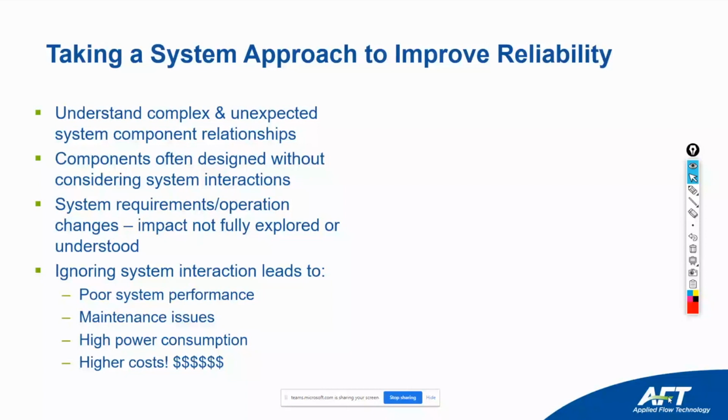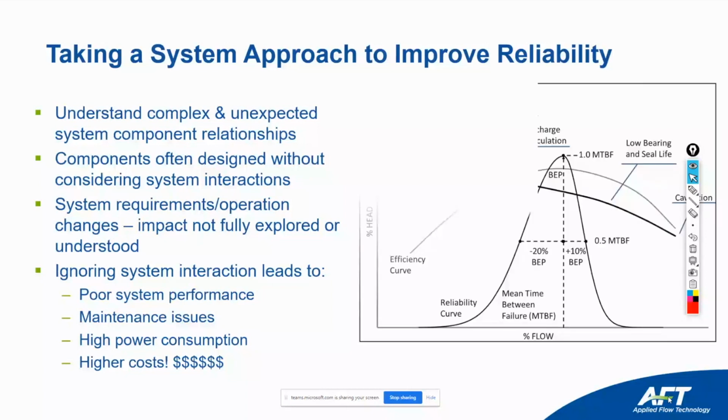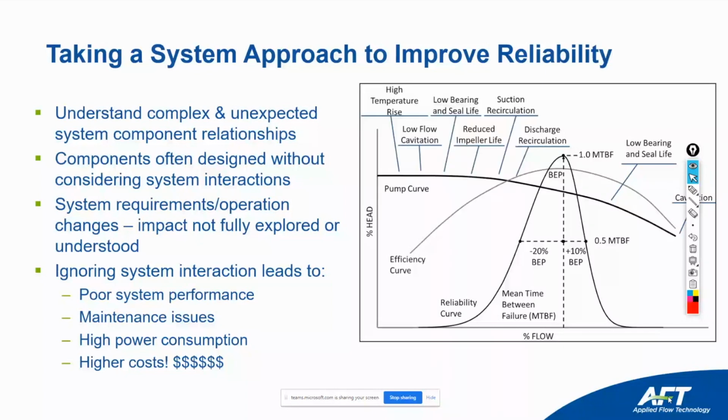And this is a really useful diagram called a Bathtub curve, which basically compares a relationship between a pump and its reliability. As you can see, there are several lines on here. We've got the pump curve itself, and then we have the efficiency curve. And then on top of that, we've also plotted what's called the reliability curve.